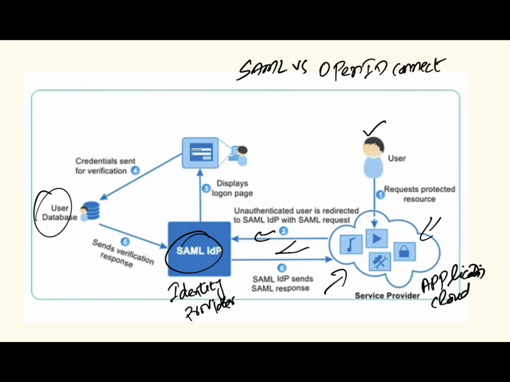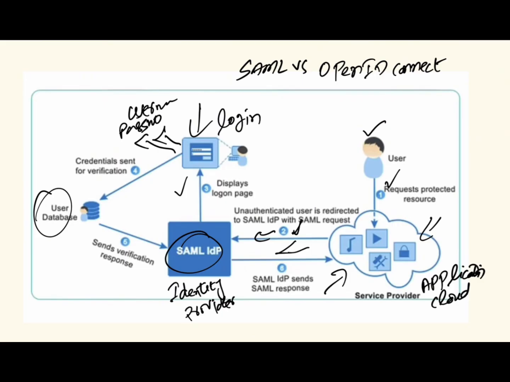Now what does the SAML IDP do? The SAML identity provider displays a login page over here. So this is step 1, step 2, and then step 3. Here the user enters username as well as password.